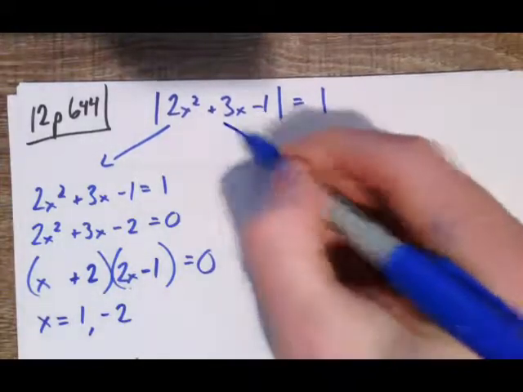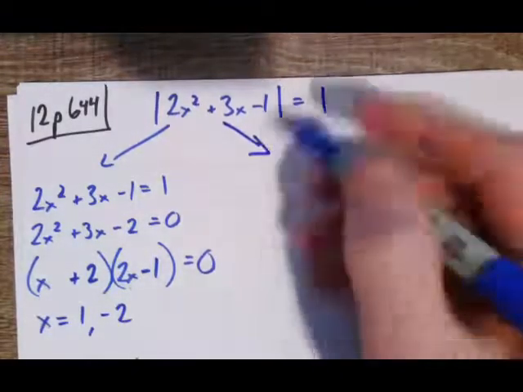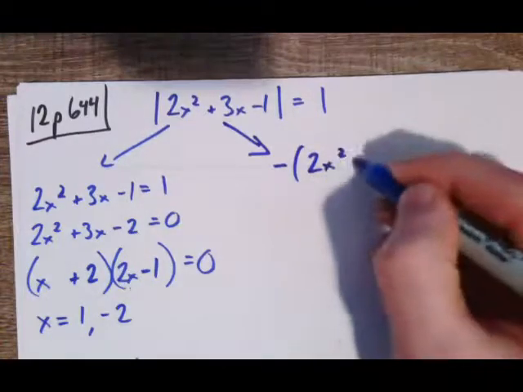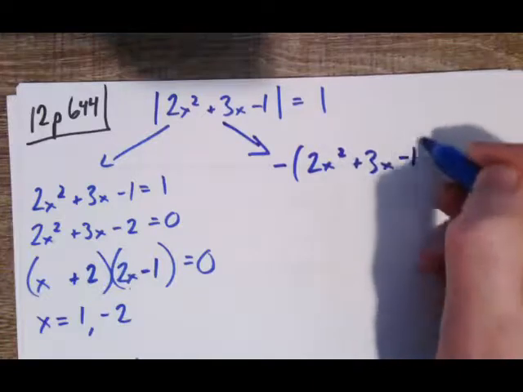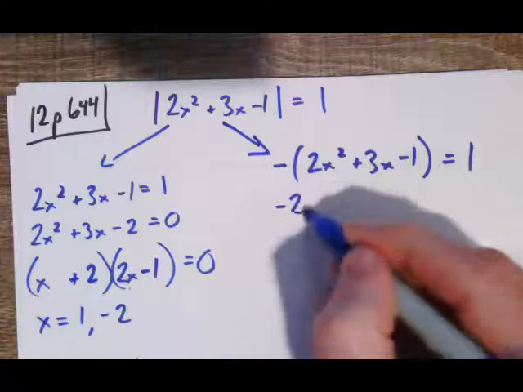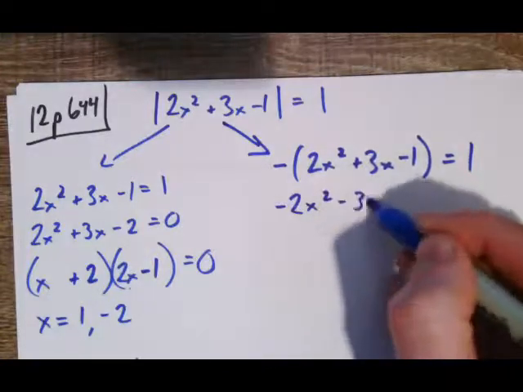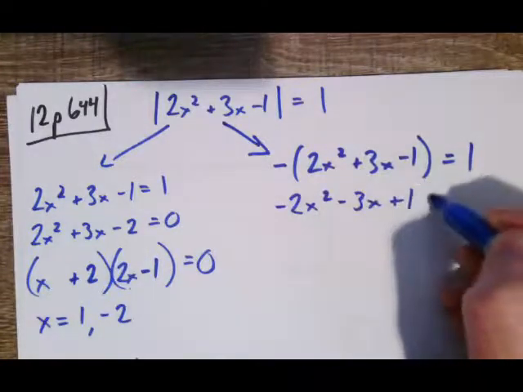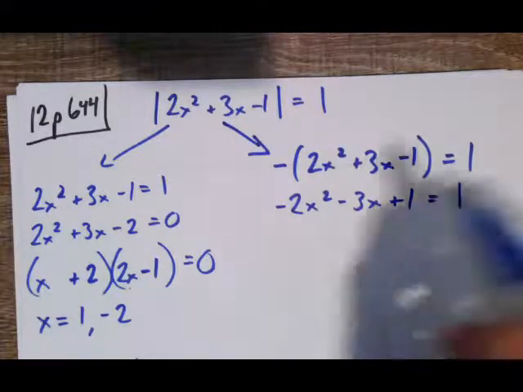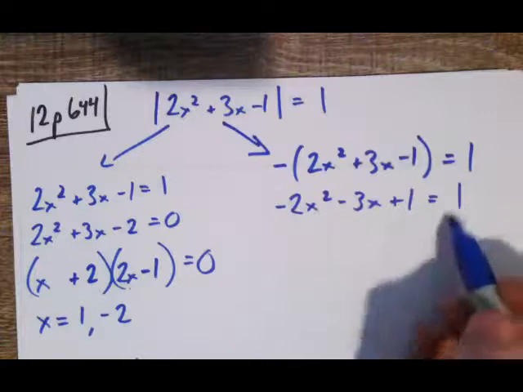Okay? Now, when we go the other way, putting the negative in front, so it's negative 2x squared plus 3x minus 1 equals 1. Run that negative through, negative 2x squared minus 3x plus 1 equals 1. Trying to remind myself, go slow so I don't make any mistakes. Subtract 1 from both sides.